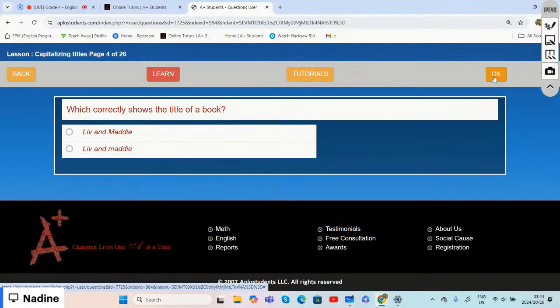All right, this is the last one. It says which correctly shows the title of a book.